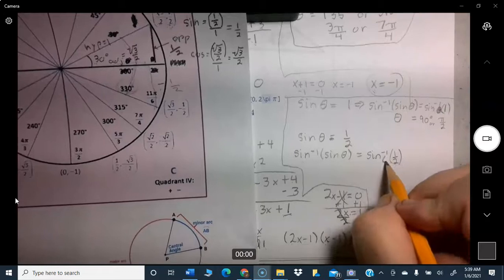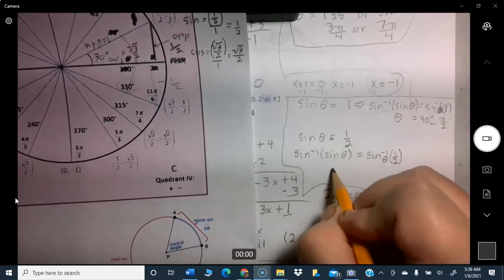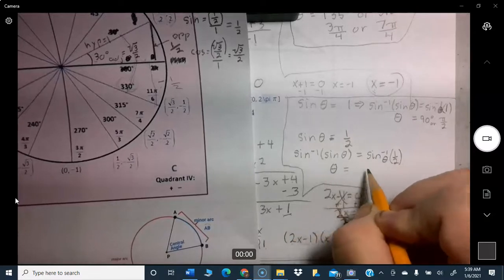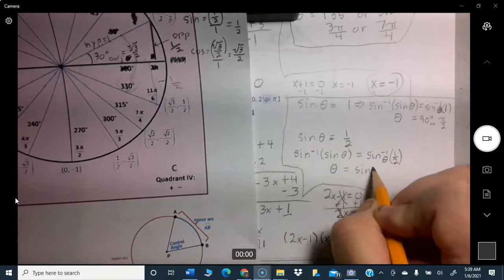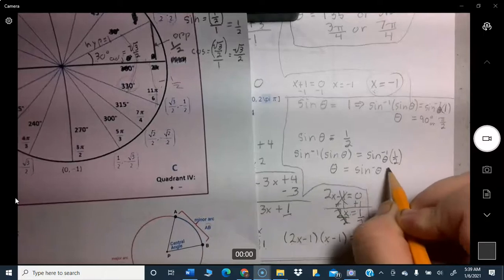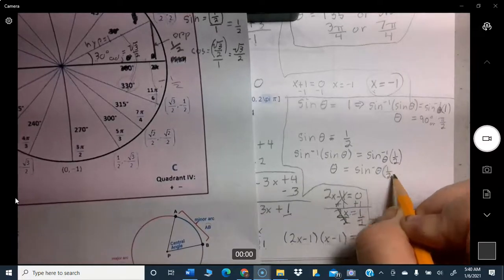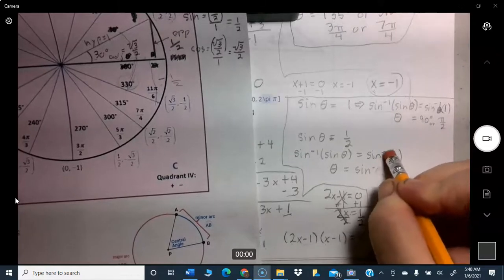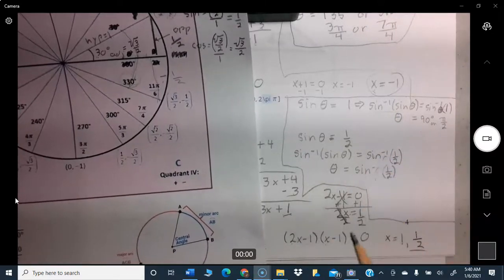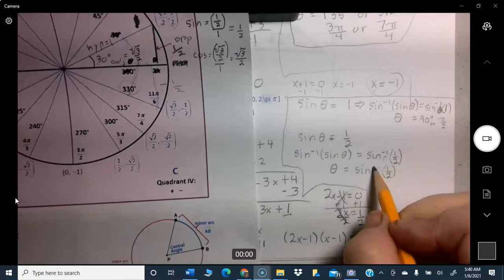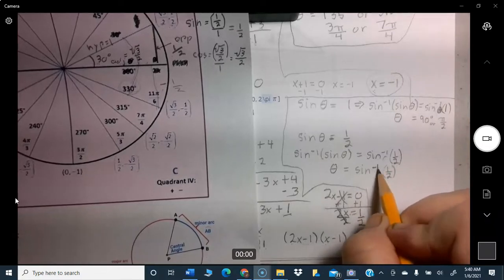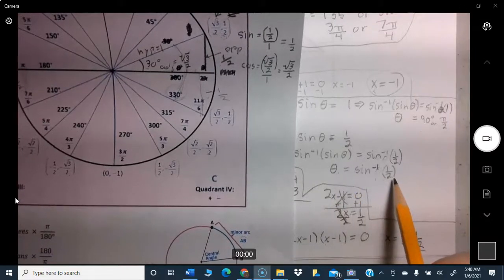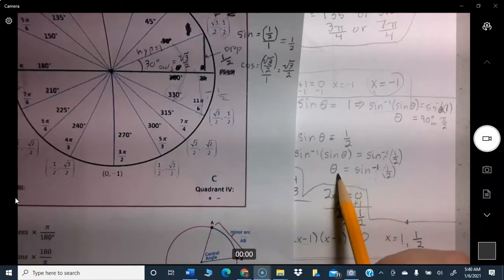I don't need to write the theta there. It's inverse sine of 1/2. Okay, so it's asking theta equals wherever I find a sine of 1/2, that'll be my theta.